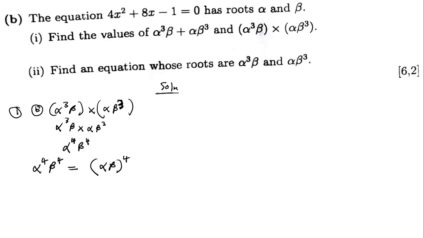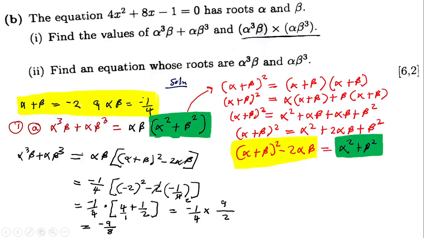Now remember from what we worked on from the very beginning, we found that alpha beta is simply equal to what? Negative 1/4. That's what we found.